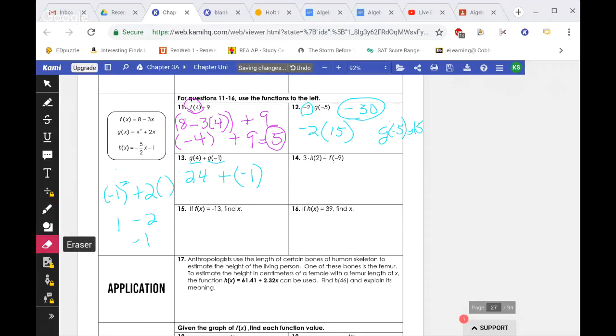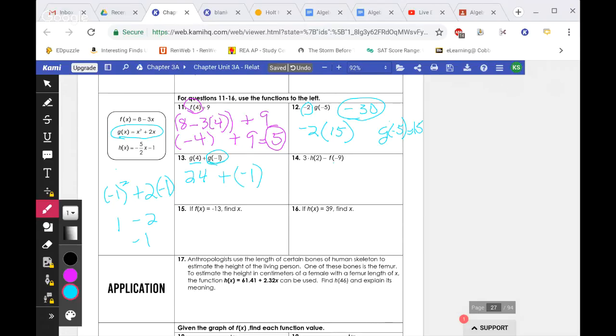What's in parentheses next to the 2? Oh yeah, it's kind of ugly, isn't it? That's a negative 1. It's the same value. You're plugging in the value that it's asking you to plug in. It's asking me to plug in a 4 the first time, which I got 24, and the second time I'm plugging in a negative 1.